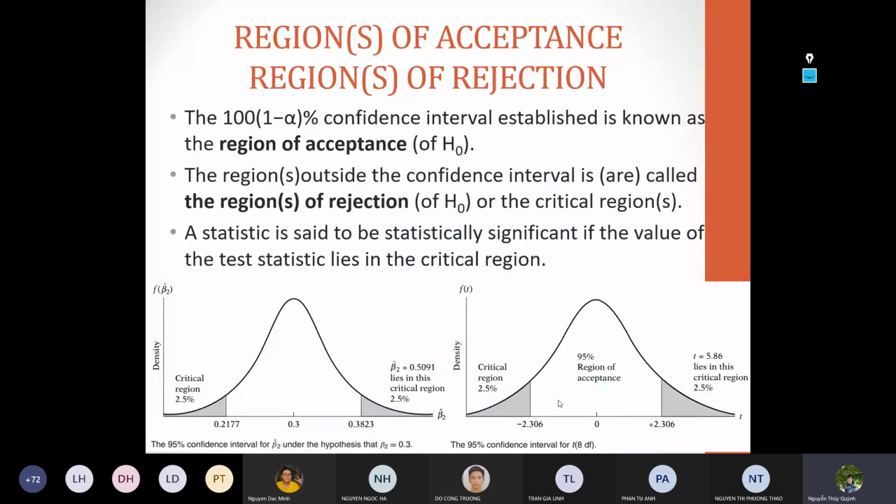If t falls into the critical region, the gray area here, then beta z hat is said to be statistically significant.